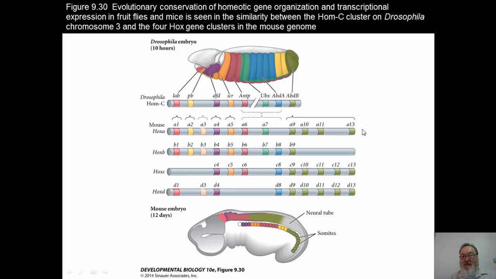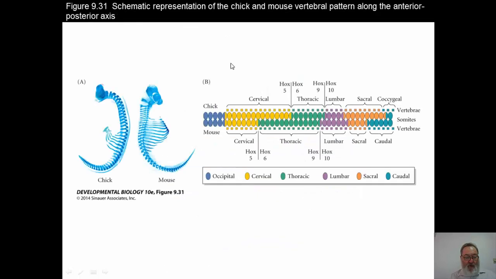Similar kinds of genes, the Abd-B Hox gene also in the posterior end, and genes that go forward similar to what we're seeing in the mouse. We also see a similar kind of representation of patterning with Hox in the chick and mouse, and of course we would expect to see that.